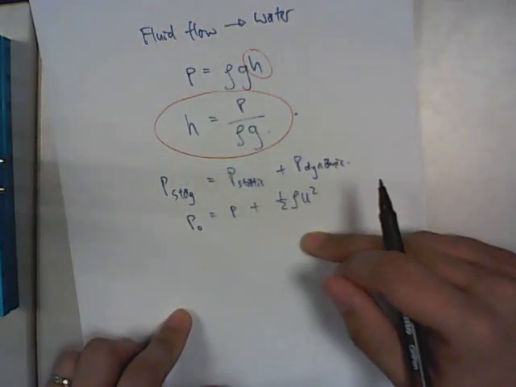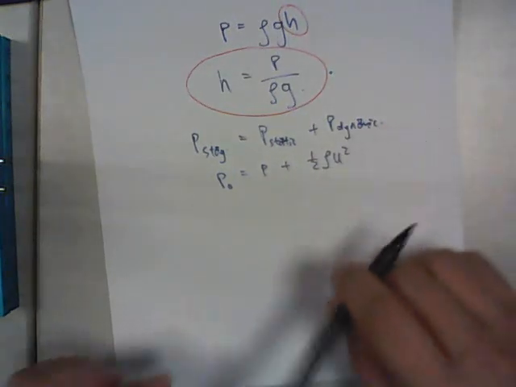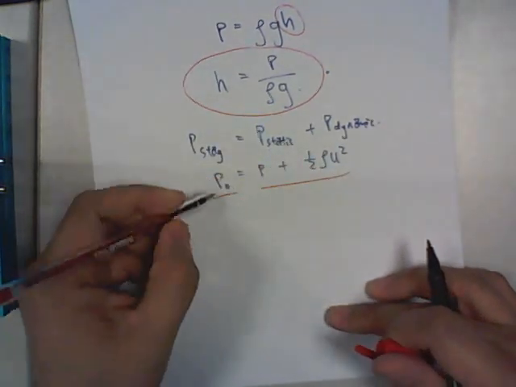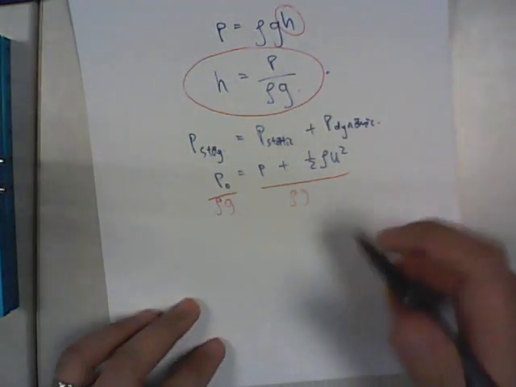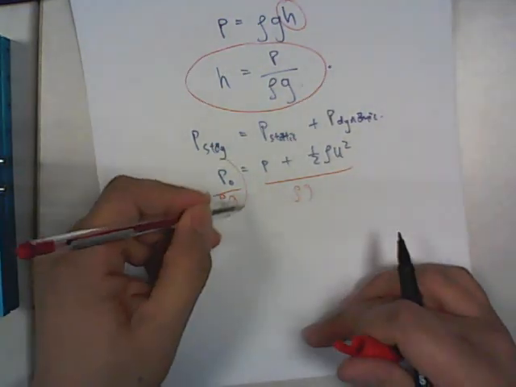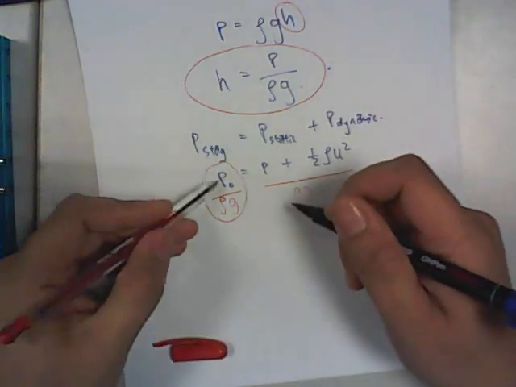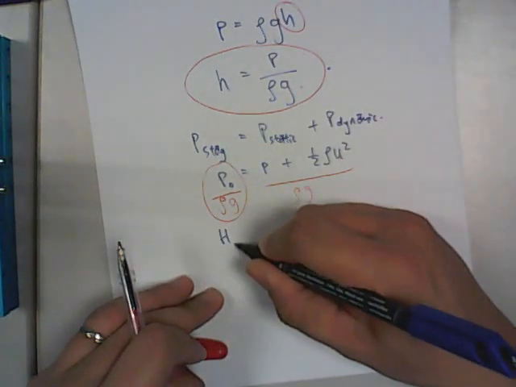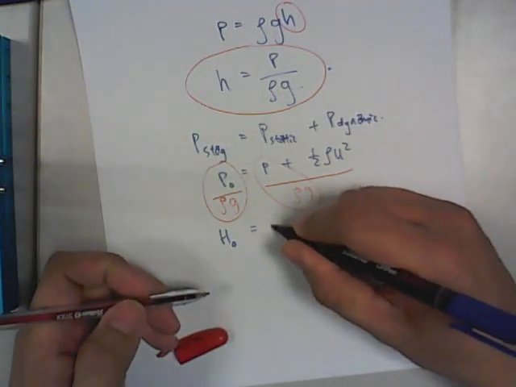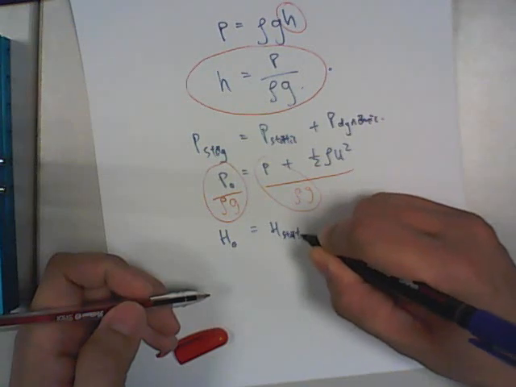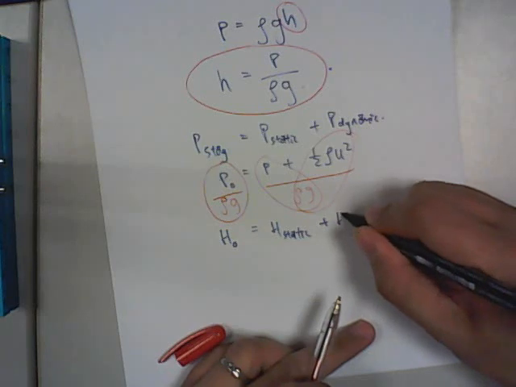This is the equation in terms of pascals, but you can form this equation in terms of meters of fluid as well, by simply dividing both sides by rho g. So you will get this itself. Stagnation pressure over rho g will be your stagnation head. P over rho g is your static head. And this one is your dynamic head.